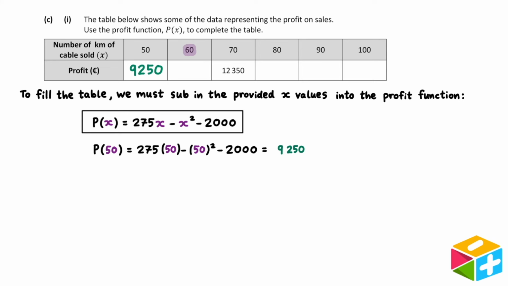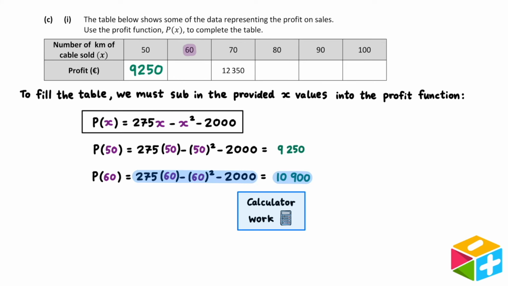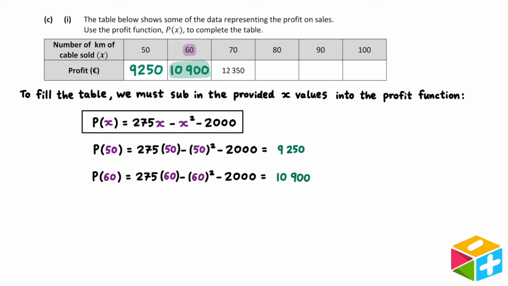The next x value we are given is 60. So here we sub in x equals 60 into our profit function. The answer we get is 10,900, and this represents the profit when 60 kilometers of cable is sold.